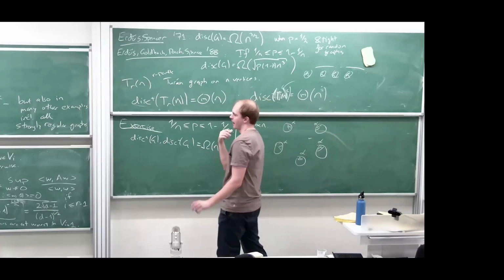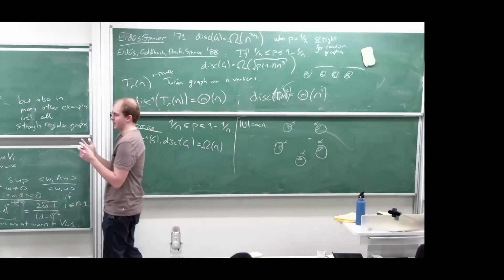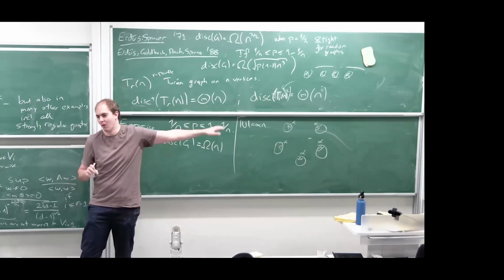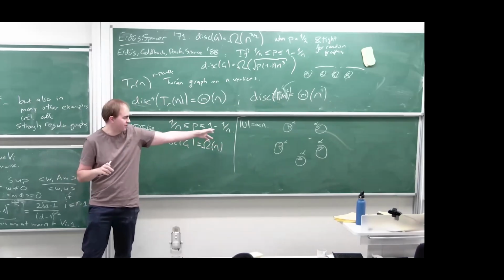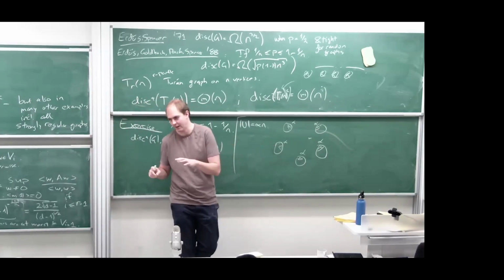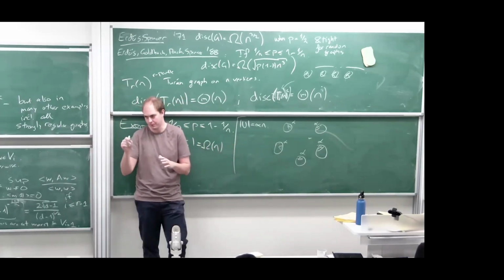By a little bit of a hand-wavy argument: the set U being of size alpha n means that we choose a fraction alpha of n from each of these blobs in the Turán graph.